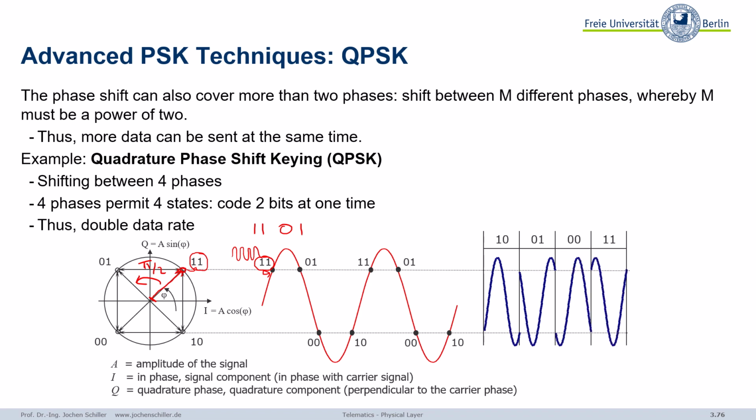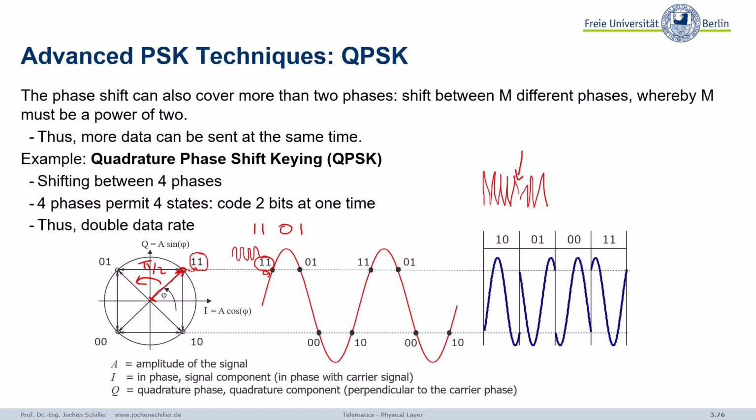In real systems, we have much higher frequencies, so this is just to show this. Then suddenly we have this shift, and we code our bits basically in these jumps in the phase. So that's the core idea.